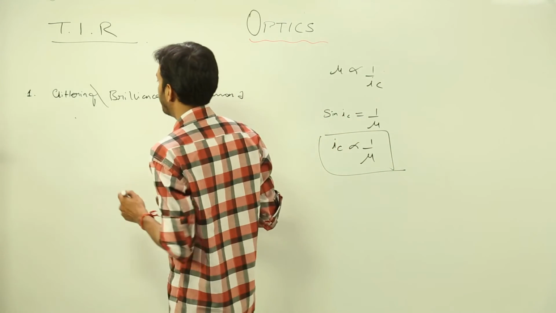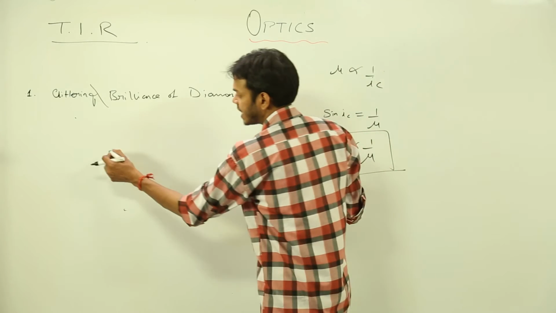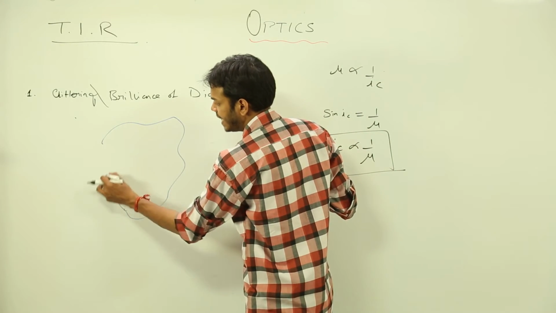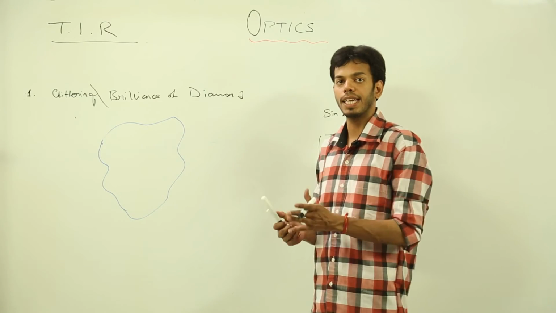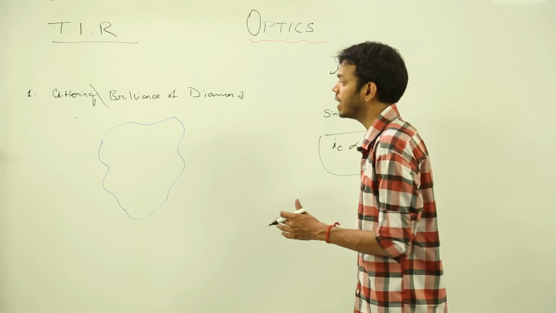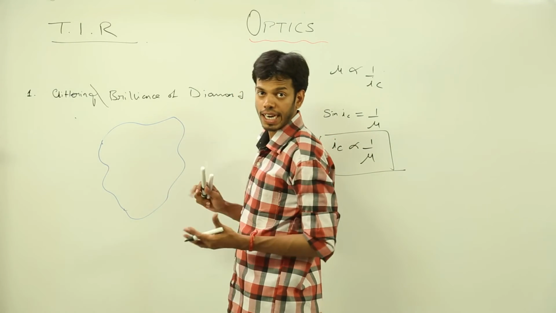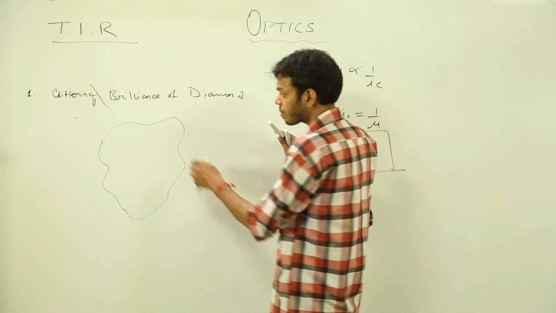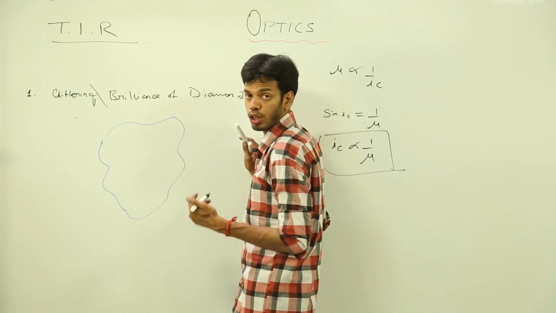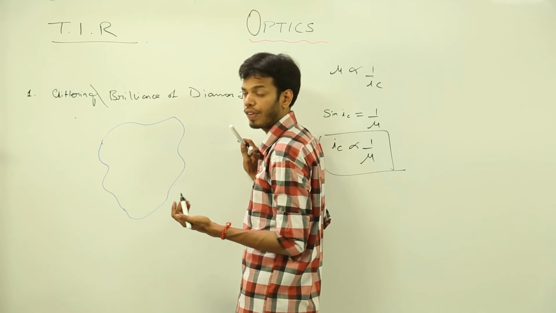Now in case of diamond, have you seen diamond in raw form, the rough natural form? Diamond is any random shaped stone. It's not a sharp edged, perfectly cut diamond. It is of any random shape. Now when it is brought to the factory where diamonds are made to shine, to glitter, they go through machinery processes and they undergo a lot of cutting and smoothing of edges.